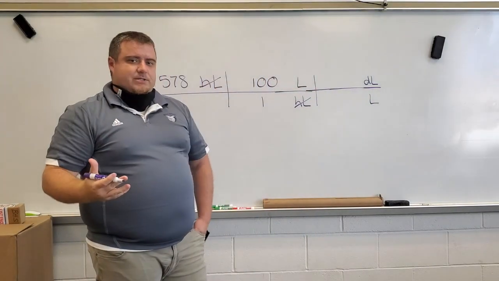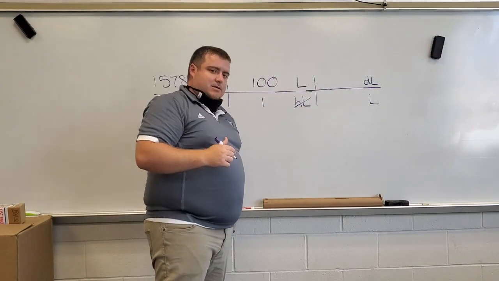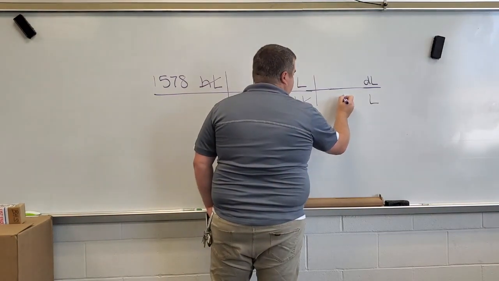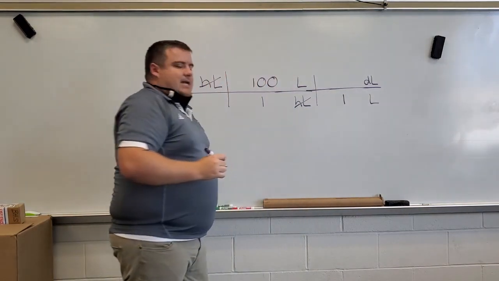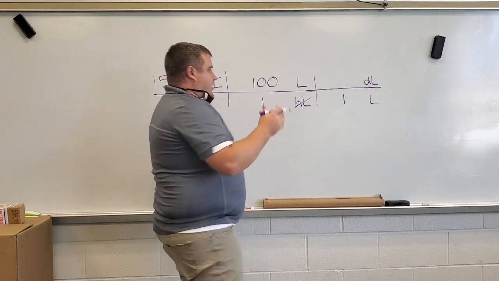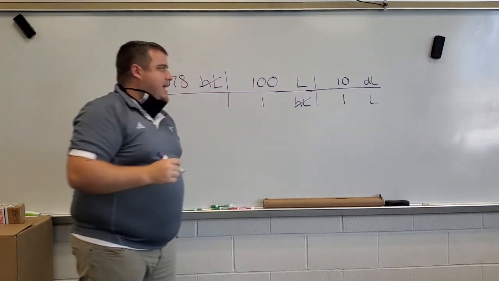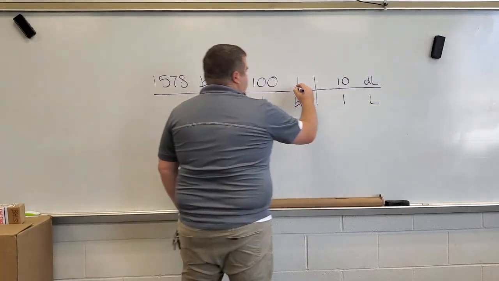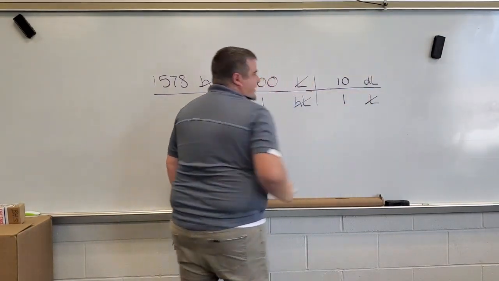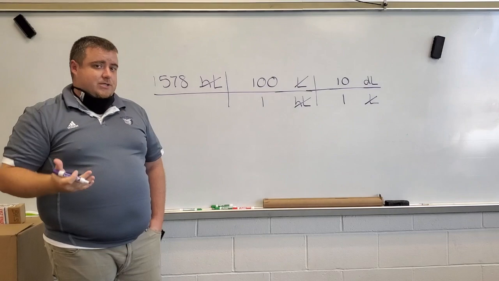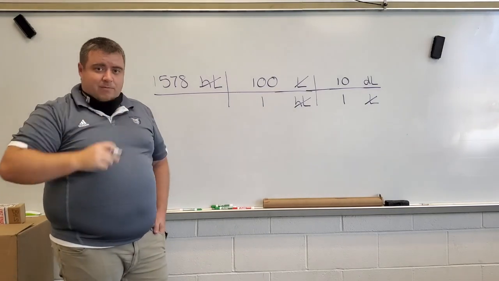Once again, I ask myself which one's larger. In this case, a liter is larger than a deciliter. How many deciliters are in a liter? There are 10. At this point, my liters cancel. I'm left with deciliters, the unit that I initially said I was going for. So I'm ready for my math.